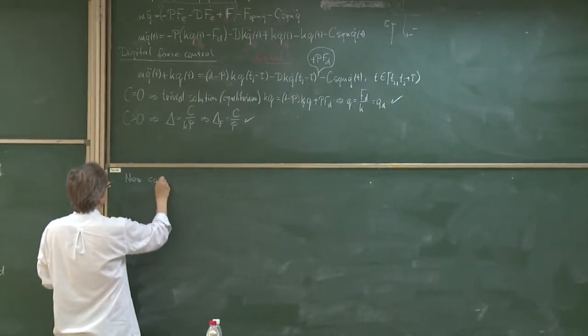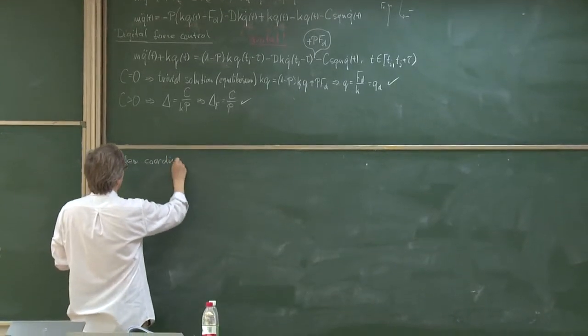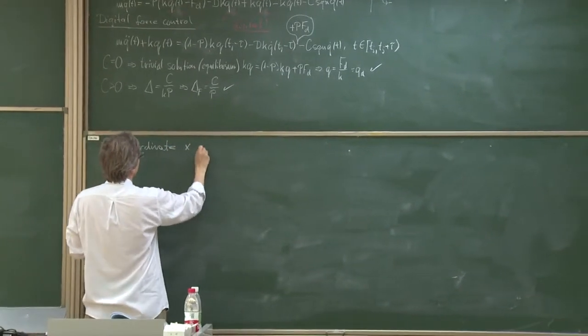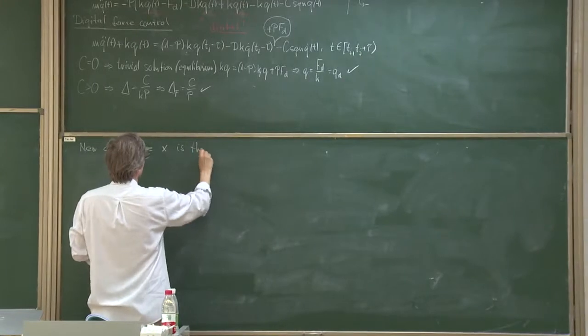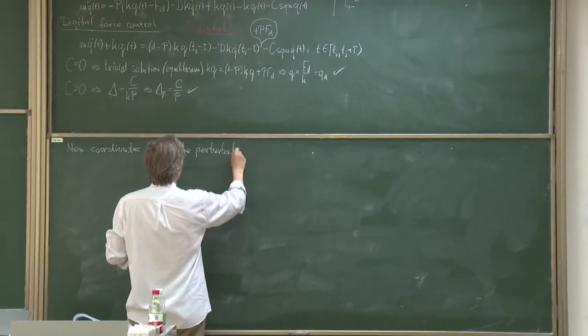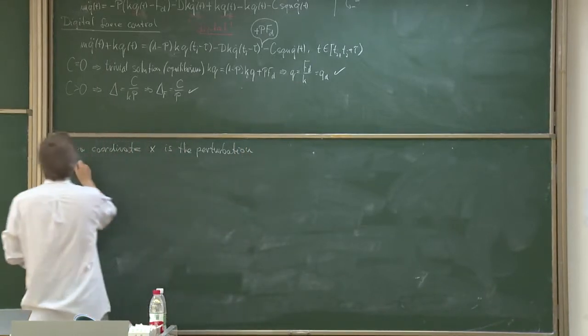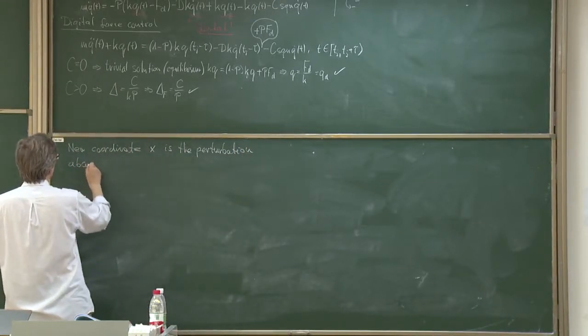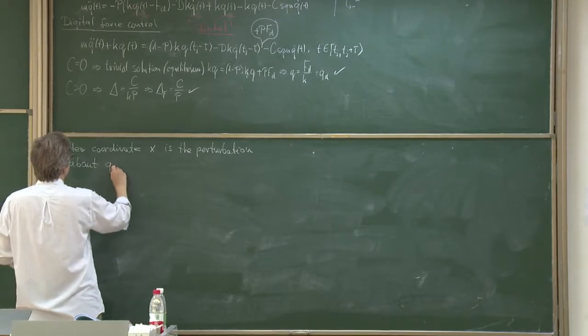So the new coordinate x is the perturbation around or about QD.